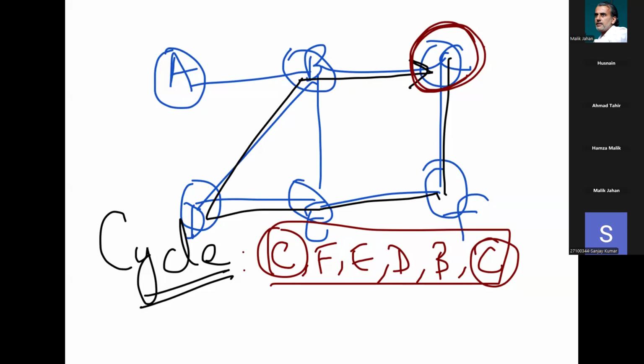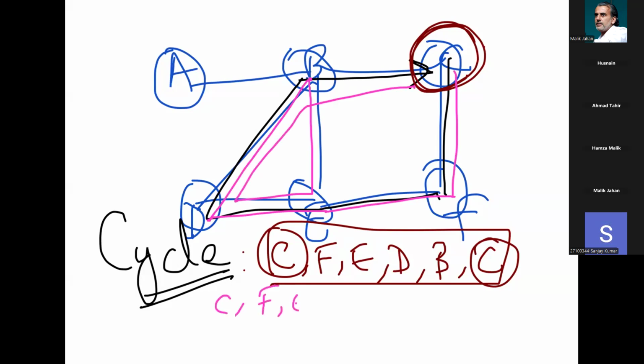Now, let me try to walk through a closed walk which is not a path and not a cycle, which means that intermediate vertices can also get repeated. So if I start from C, go to F, go to E, go to D, go to B, E, D, B, and C. If I write this whole sequence, this is C, F, E, D, B, E, D, B, and C. These two things are fine because we are interested in the cycle.